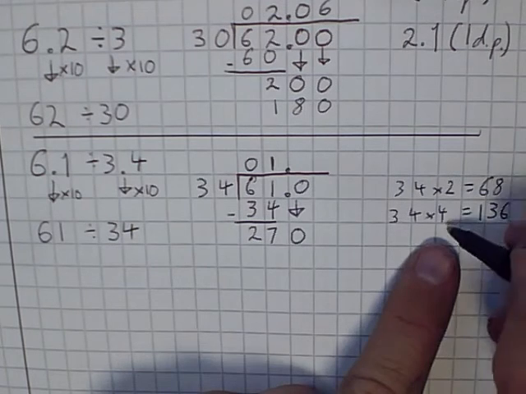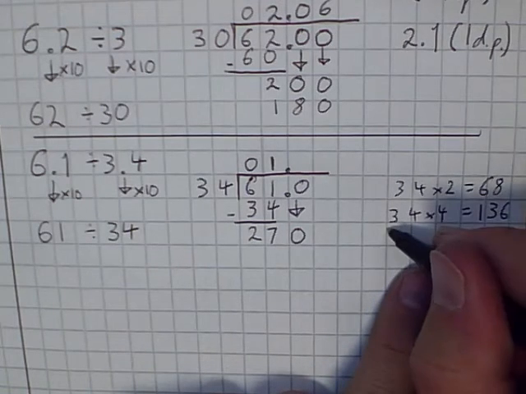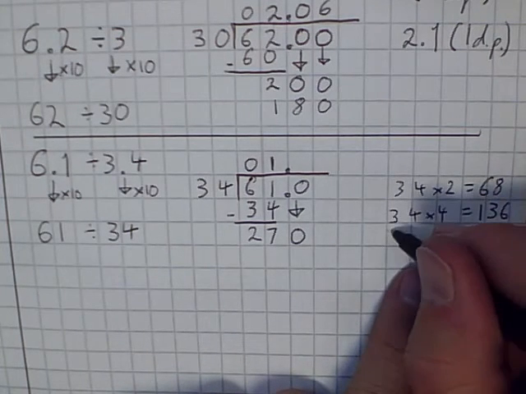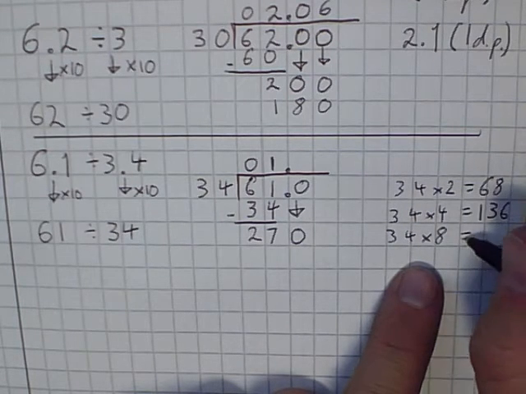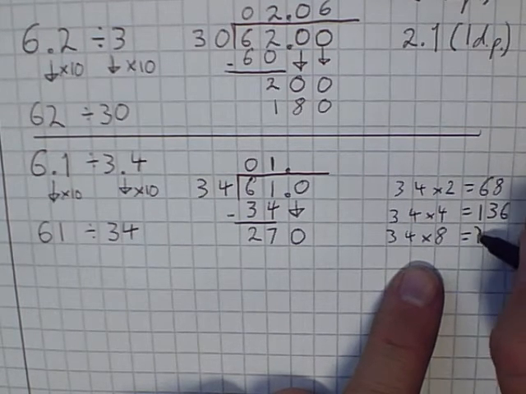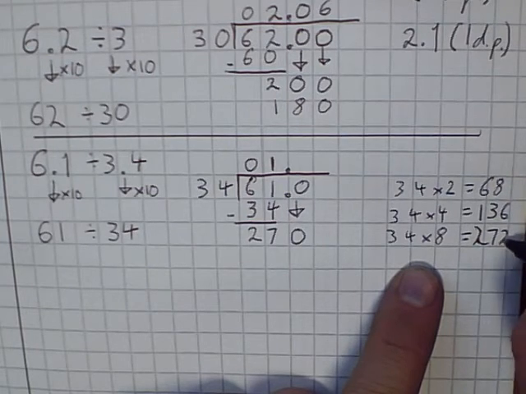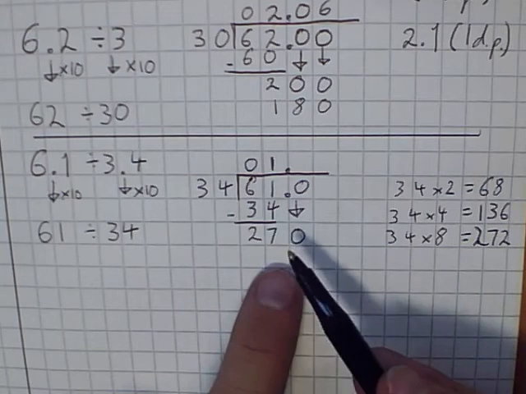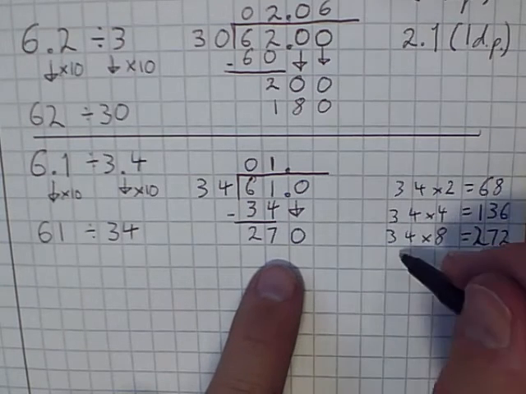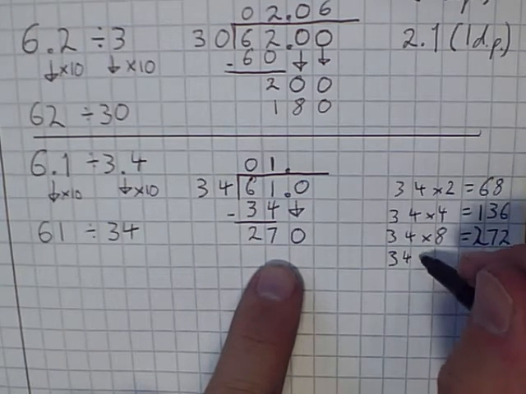So 136 is 4 times. If I doubled that again, I would have 34 times 8, that would be 272. Well, I'm just a bit too high, because I've got to see how many times 34 goes into 270. So it must go in 7 times.